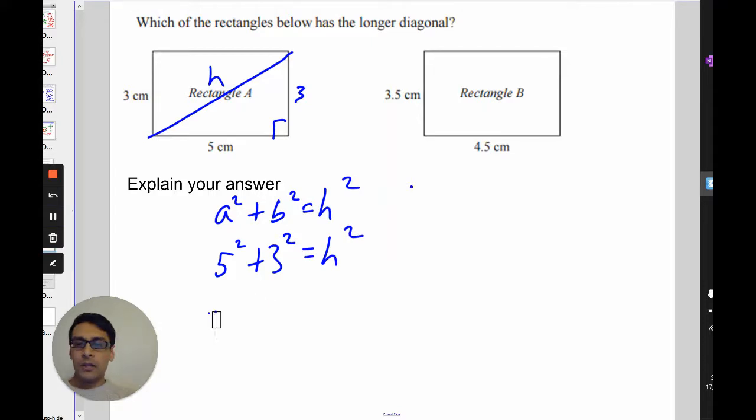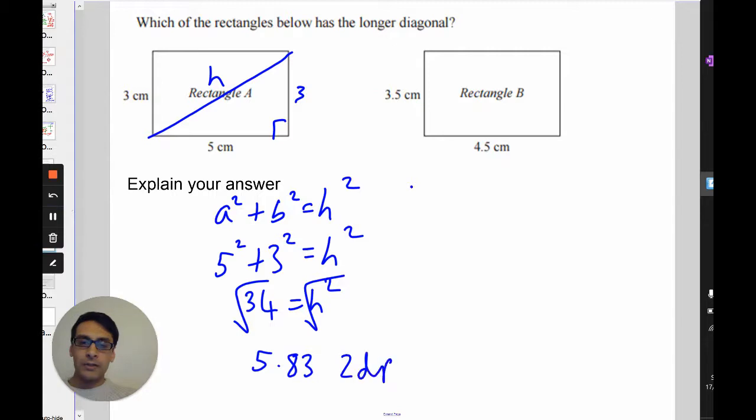And that's going to be 25 plus 9, so that is going to be 34 equals h squared. I'm going to square root both sides. The square root of 34 is 5.83 to 2 decimal places.